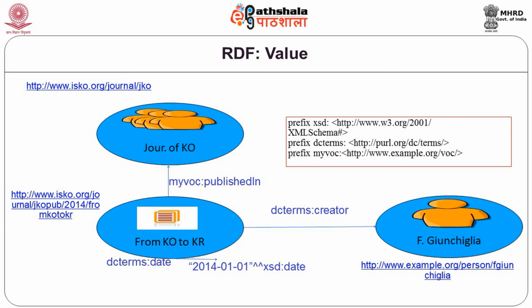For example, in the following figure we can have, say, from KO to KR, it is published in Journal of Knowledge Organization. So here the value is basically Journal of Knowledge Organization, and this value is for the property published in. Similarly, from knowledge organization to knowledge representation, this article is written by, so the creator is the property and the value is Fausto Giunchiglia. So here the value also is a kind of resource.